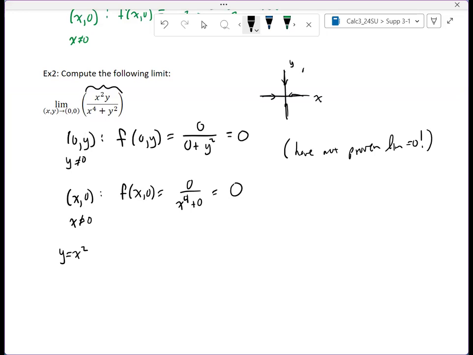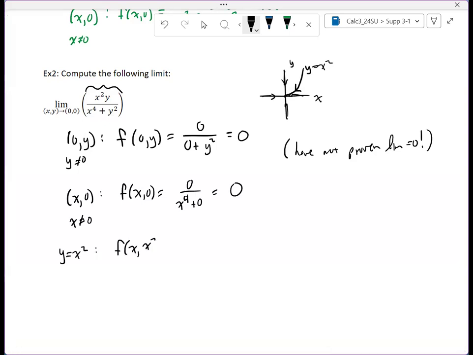Along the path y equals x squared, what do we get? If we again get something that suggests the limit is 0, then maybe I'll start trying to prove the limit is 0. But if I get something that's not 0, then I've generated a contradiction. So along y equals x squared, what do I get?